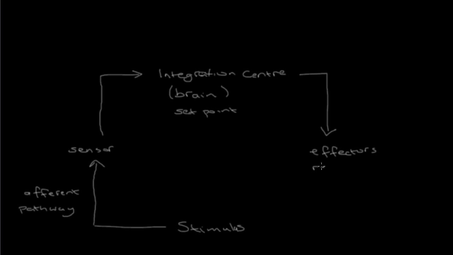So they are the elements of the body that will elicit some kind of response which will hopefully reduce something or increase something, and that then interferes with the stimulus. The stimulus is then no longer eliciting any more response from the sensors, so that loop is then closed.